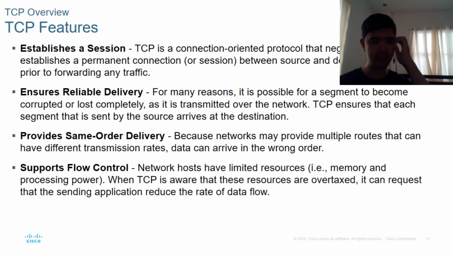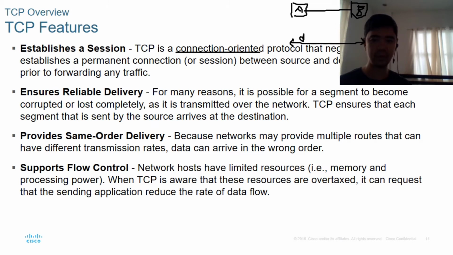For TCP, first, TCP is connection oriented. What do we mean by connection oriented? Let's say I have two computers here, A and B. What we mean by connection oriented is that before A sends data, this part here is the data transfer.